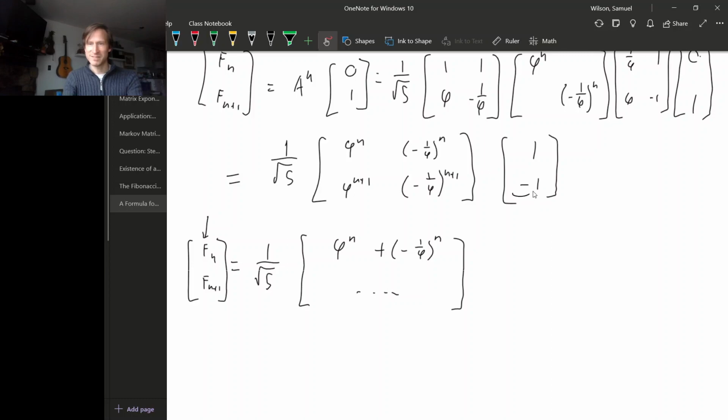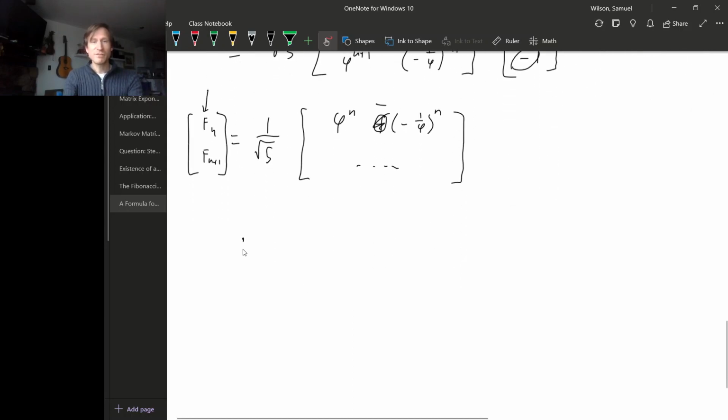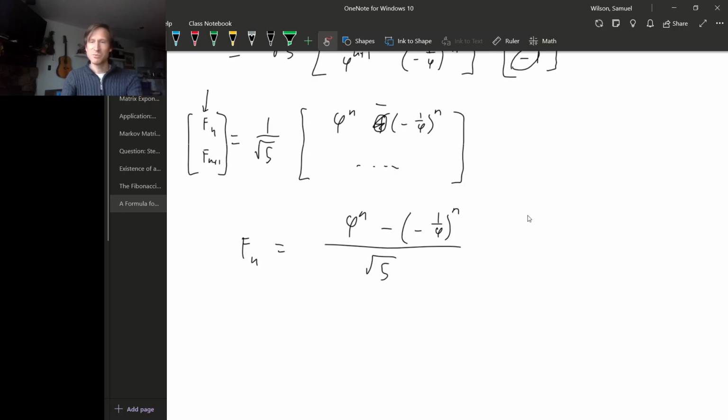I'm sorry, I missed this minus sign right here, so there should be a minus here. All right, so reading off the first entry, we get that the nth term in the Fibonacci sequence is: there's a square root of 5 in the denominator, and in the numerator there's phi to the n minus 1 over phi to the n.